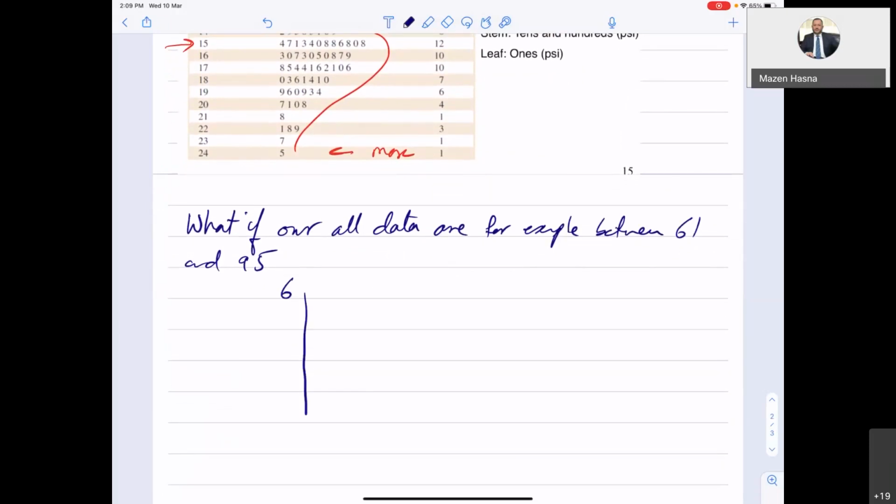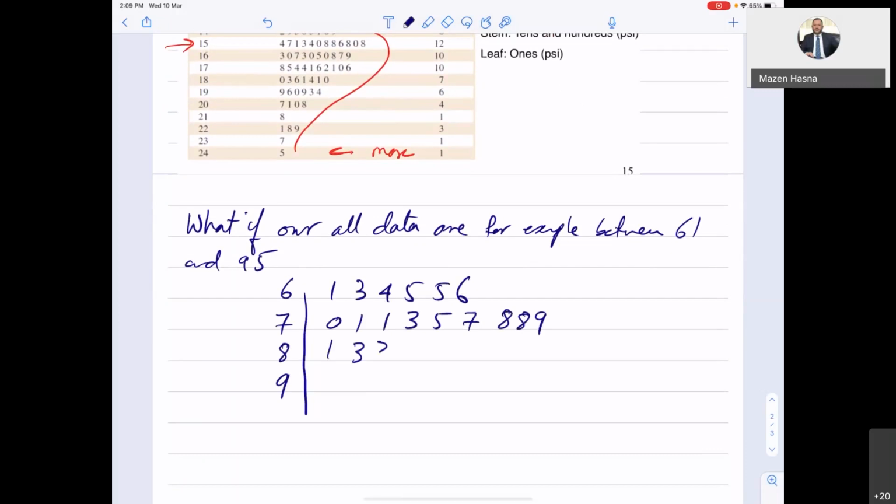Assume that you present your data like 6, 7, 8, 9, and then your data is 1, 3, 4, 5, 5, 6, 0, 1, 1, 3, 5, 7, 8, 8, 9, 1, 3, 3, 4, 1, 3, 4, 4, 7, 8, 8, and 2, 3, 5.